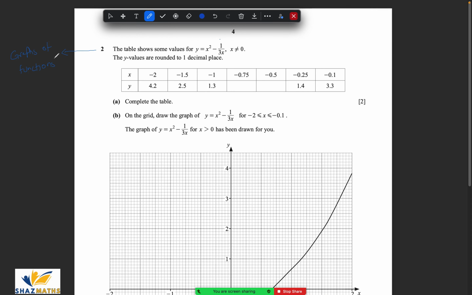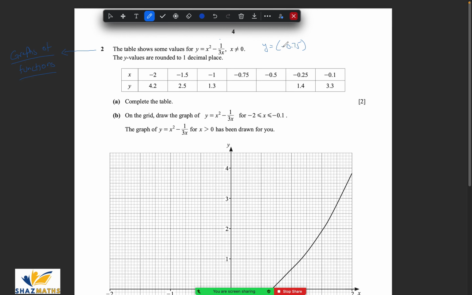So revise those ones quickly. That includes plotting, sketching, and a few shapes of graphs. Now let's go ahead. It says y values are rounded to one decimal place. First part is complete the table. That means we have to find the value of y when x is negative 0.75. So I'm just gonna put this value in this equation.